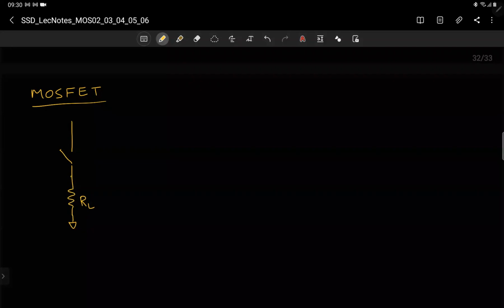So this is the load, and there is a switch, and there is a supply here. If you close the switch, then current will flow through this load because of this supply voltage. And if you open the switch, it will not flow. So through the load, you are allowing the current to flow or not based on a switch.